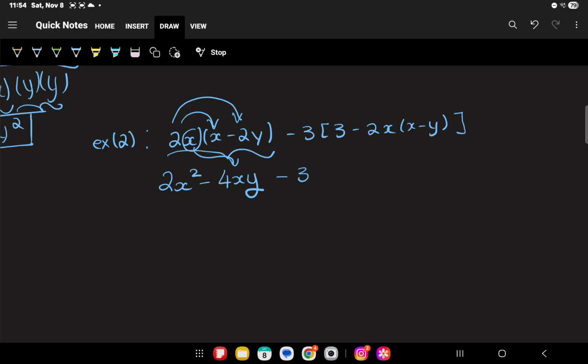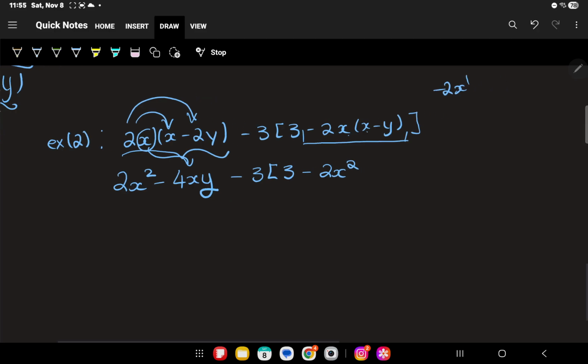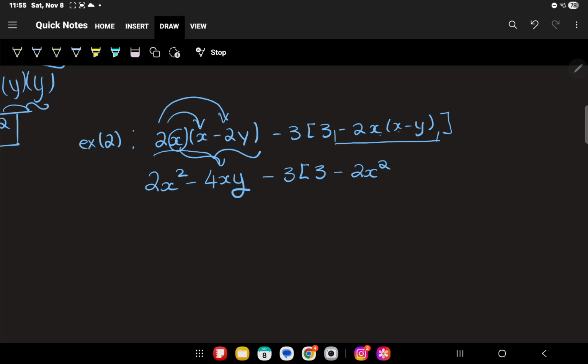Minus 3 brackets 3. Now we evaluate this one. So what is that? Negative 2x times x. That will be negative 2x squared. Negative 2x to the power 1 times x to the power of 1.